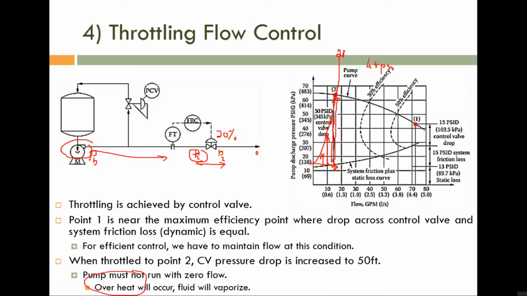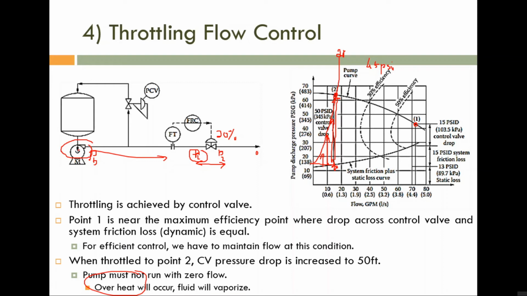Overheat will occur due to very large back pressure, that is due to P1, that is due to this control valve, a very large back pressure is generated. So overheat will occur. So definitely the fluid will vaporize inside this one. What will happen if the fluid is vaporized? Slowly, small cavities are formed inside the pump.